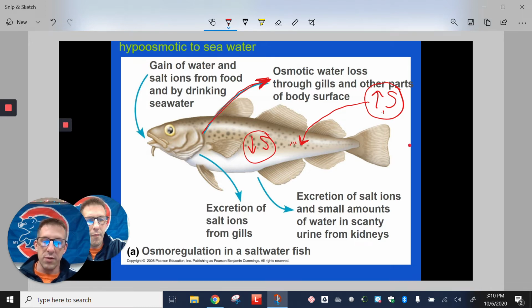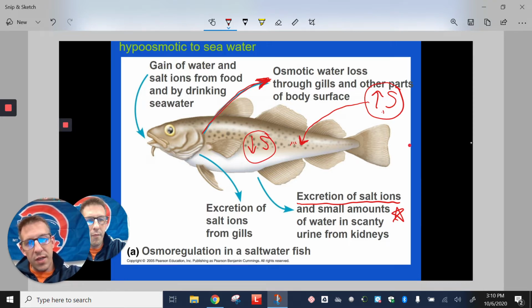And so what does he do? What are his adaptations for that? Again, we've got this urine, okay? So not only does his urine double as a way for him to maintain a certain amount of water or keep water in his body, but it allows him to excrete extra salt ions that he takes in just passively, naturally, okay? In addition, his gills are very good at excreting salt ions as well.